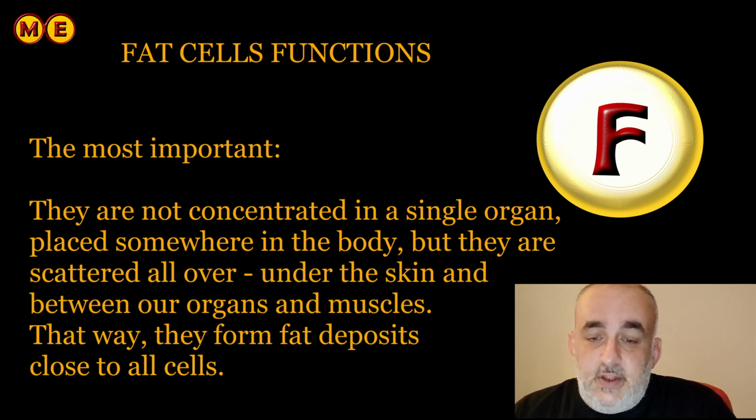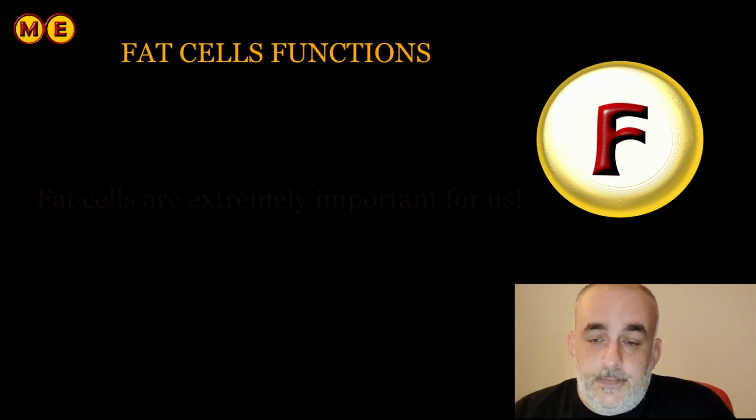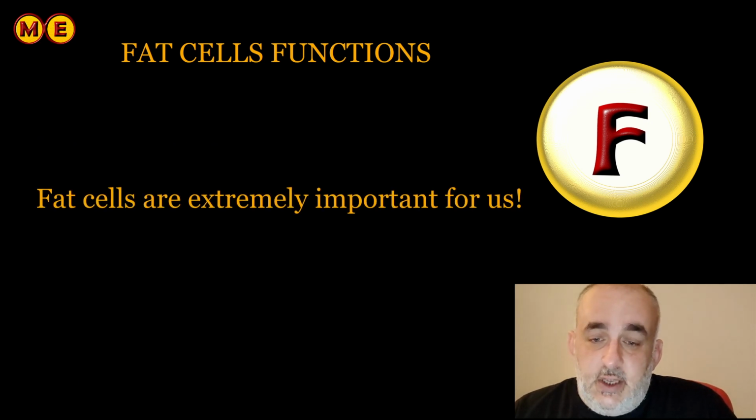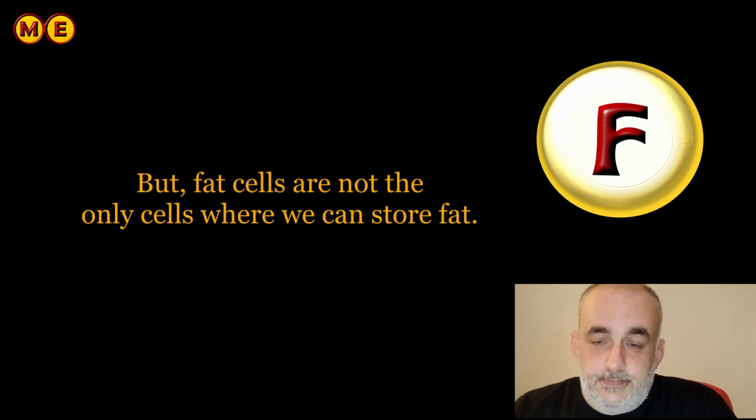That way they form fat deposits close to all cells, and that makes the path of the fats from the fat cells to the cells that use them very short. As you can see, fat cells are extremely important for us. Without them, we wouldn't survive all those millions of years of evolutionary pressure.